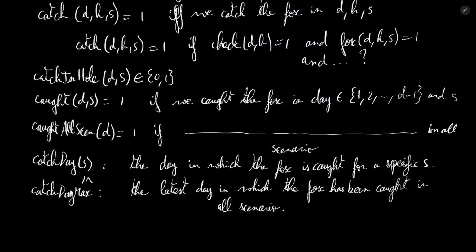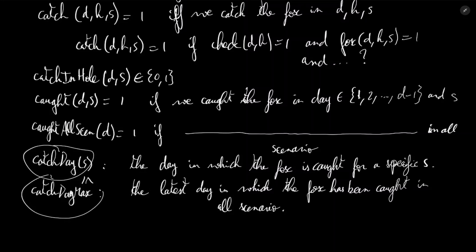So this is what we are trying to do at the end. We want to have an optimization problem that is going to minimize the catch day max, because we want to find a strategy, a checking strategy basically, where we are going to make sure that the catch day represented here is not going to be greater than a specific variable catch day max, and we are going to minimize this maximum number of days before we catch the fox.